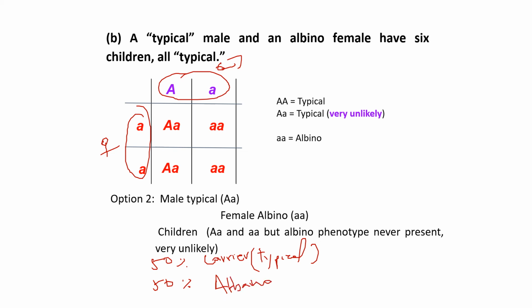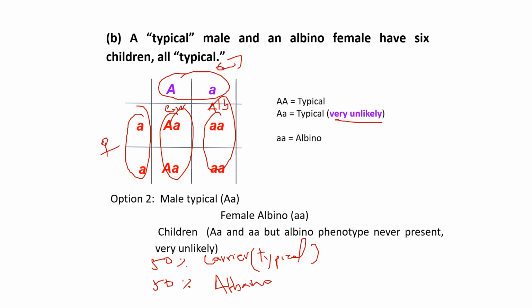So this one will be the carrier, and this one will be the albino. So is this possible? Yes, this could be the option, but it's very unlikely.